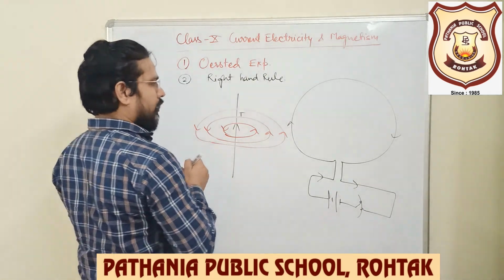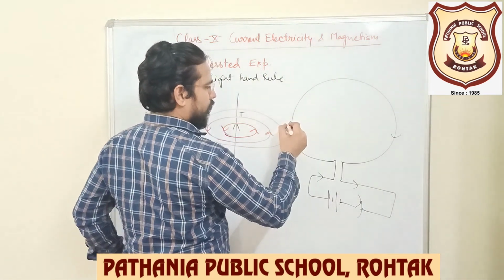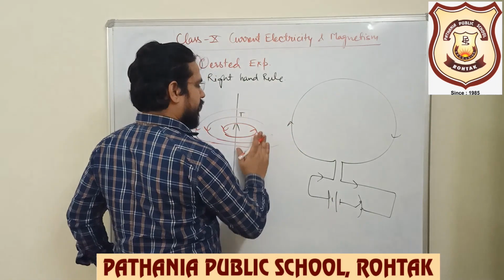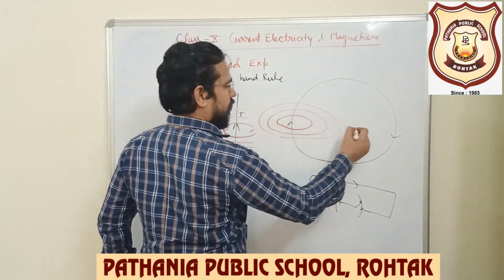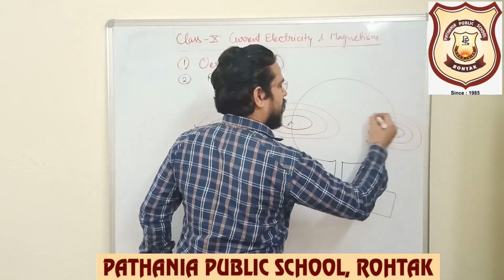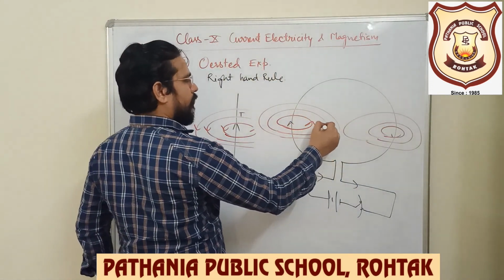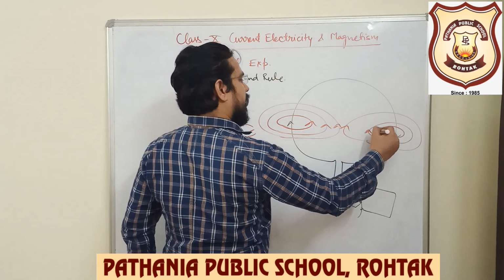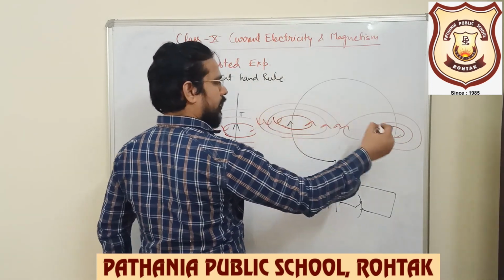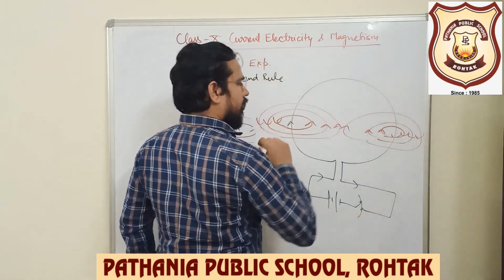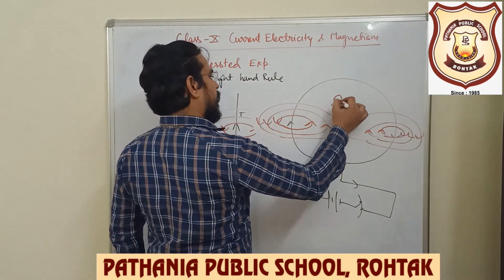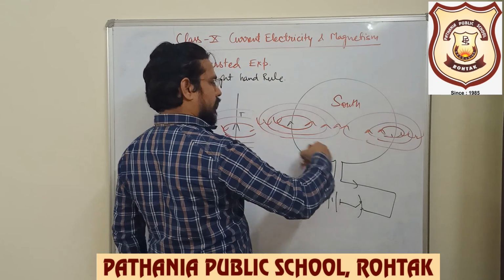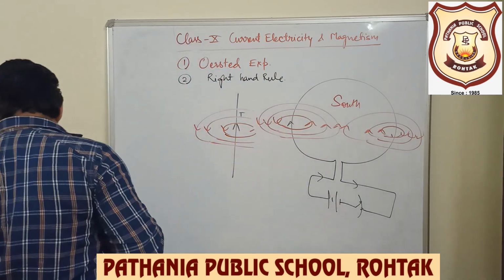Considering a loop made up of a number of small conductors, the magnetic field will be like this. And by applying the right hand thumb rule, the direction will be inside in the interior and outside, coming from the board, in the exterior of the coil. So this will become south pole, the clockwise direction, and the anti-clockwise direction will become north pole.